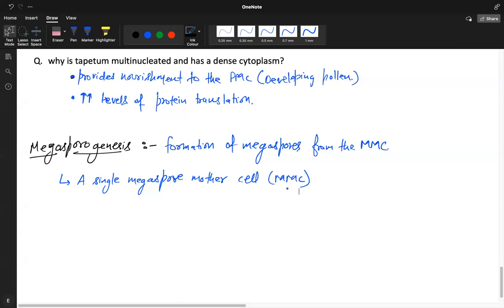Only one of the megaspores is functional.